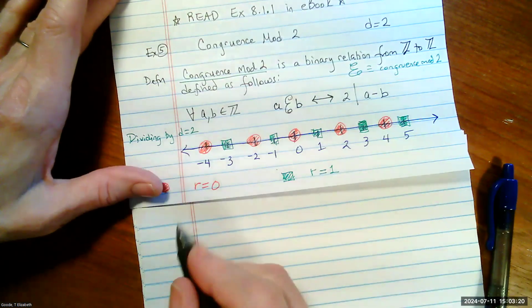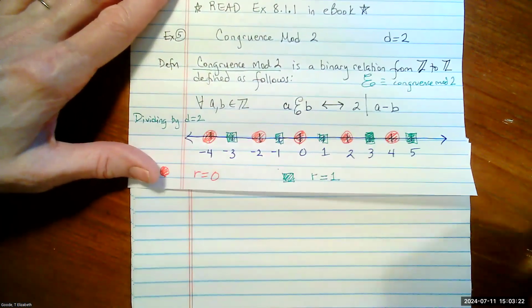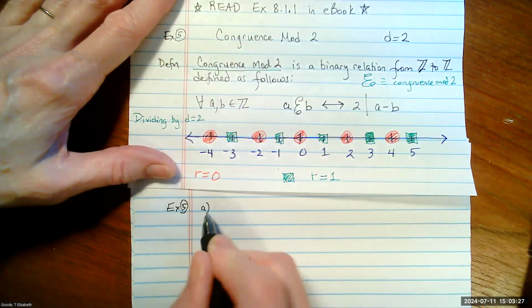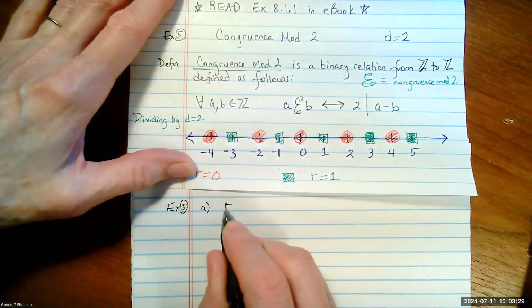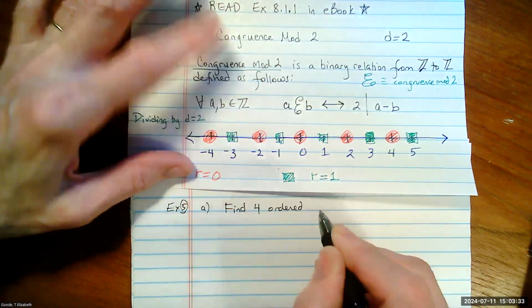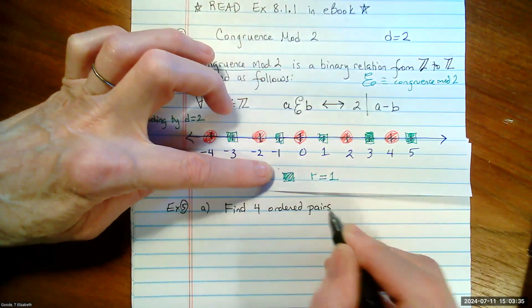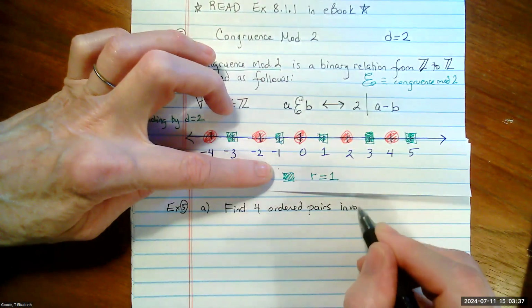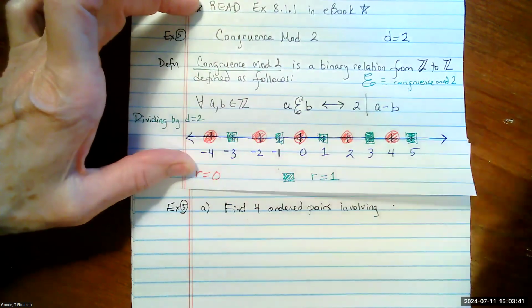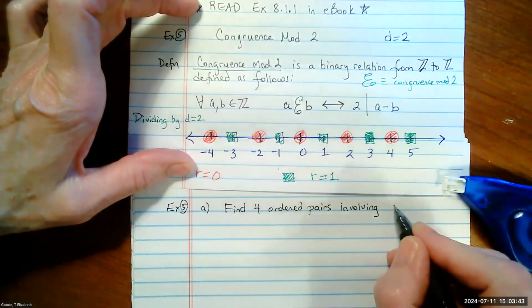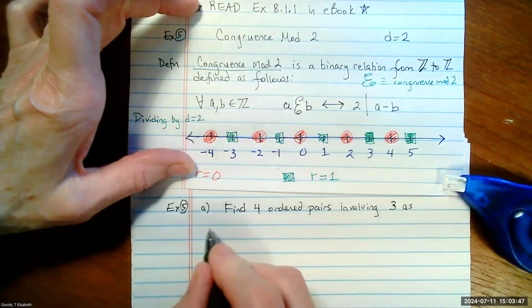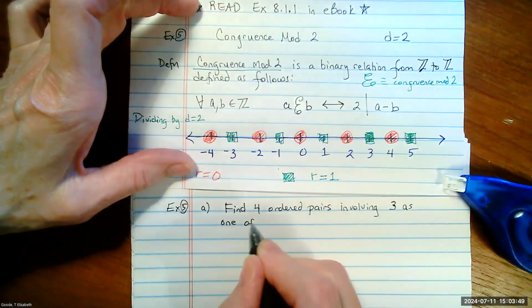So example 5 part A, let's just practice this idea. Find 4 ordered pairs involving three as one of the coordinates.